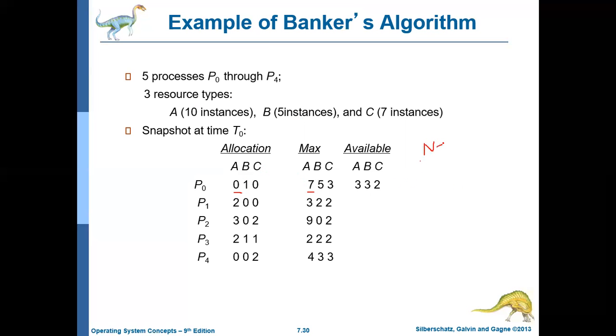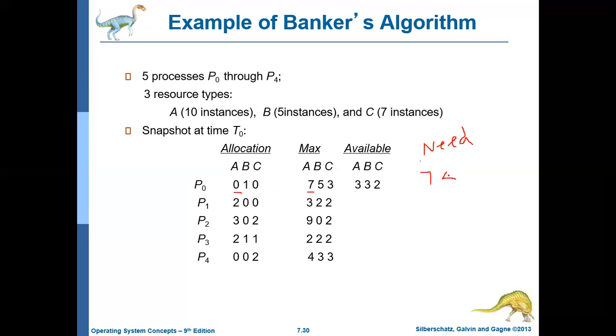If I put need here for explanation purposes, for P naught, how many instances of resource A may it require in the future? It is just max minus allocation. 7 minus 0 is 7. It needs all 7 because none of them was allocated. For B, max is 5 and allocated is 1, so 5 minus 1 is 4.